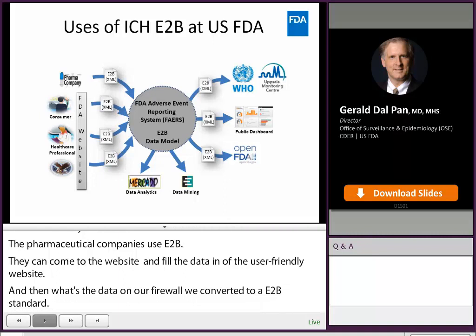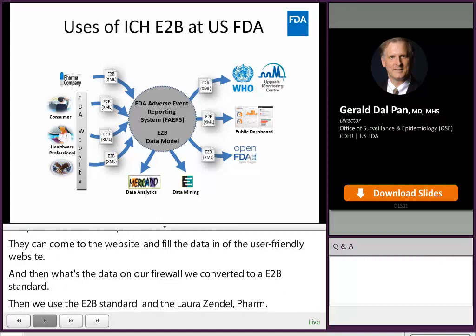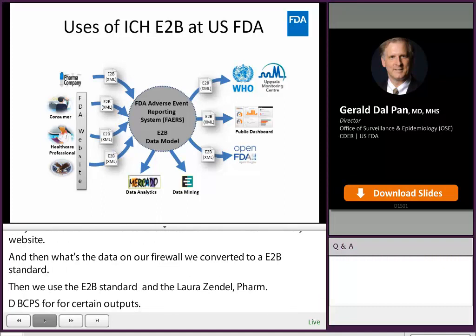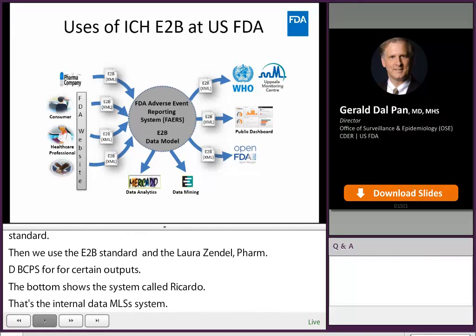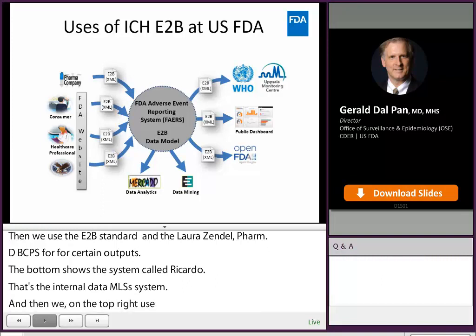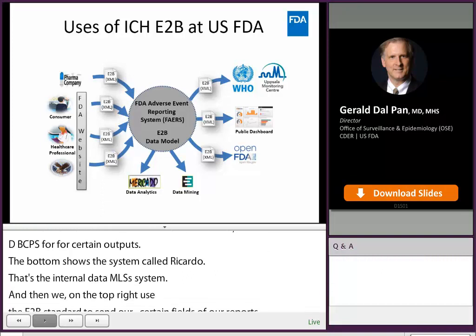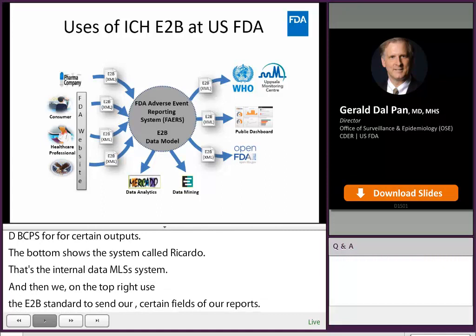The bottom shows a system called Mercado. That's an internal data analytics system, as well as data mining that FDA staff use. And then we, on the top right, use the E2B standard to send certain fields of our reports, those that can be publicly released, to the Uppsala Monitoring Center in Uppsala, Sweden, which is a World Health Organization collaborating center.